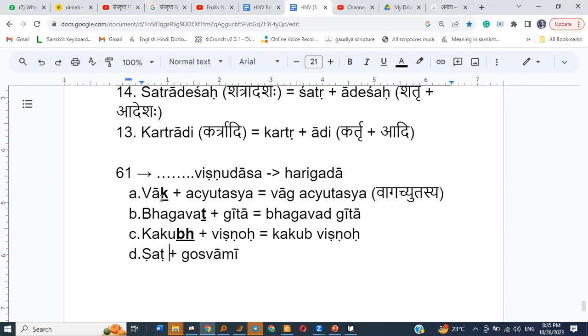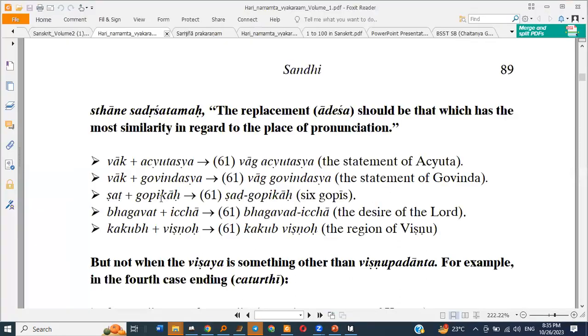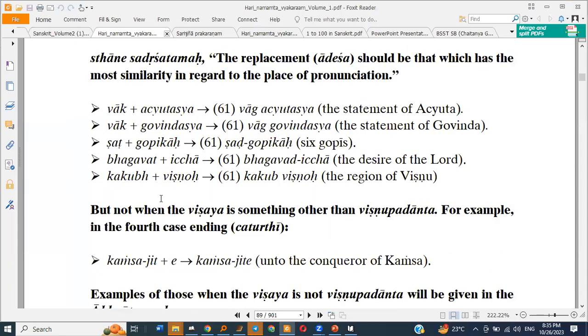So Ta is a Vishnu Dasa, and this Vishnu Dasa turns into Harigada. So Ta, Tha, Da. The Harigada is the third letter of the Varga. So it becomes Shad Goswami. That's Sutra 61.